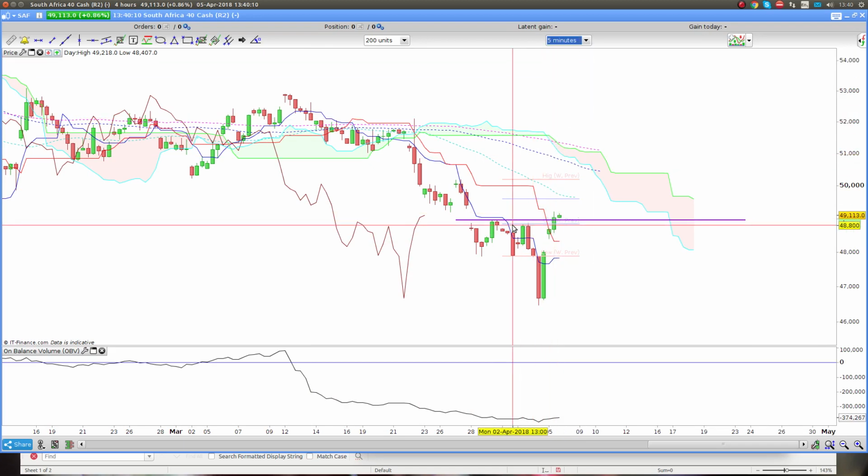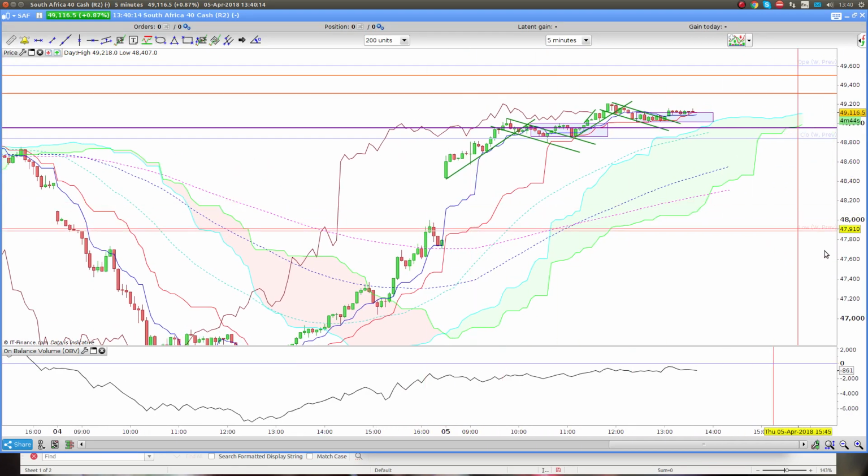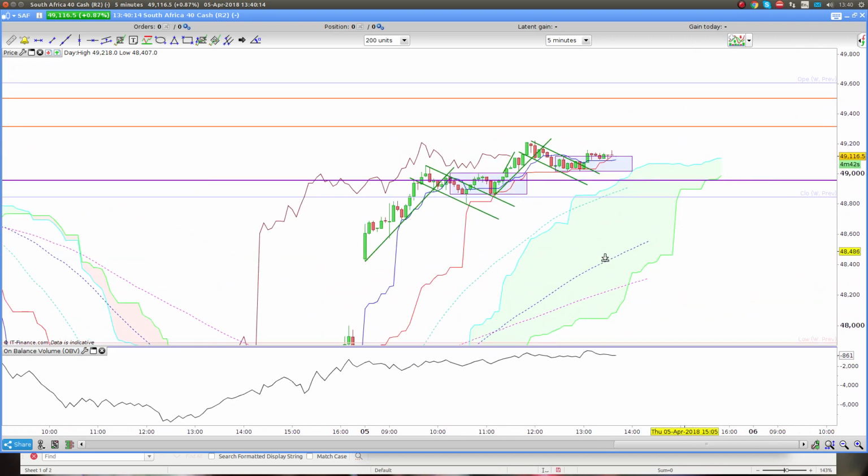You come to the 5 minutes, and we could still have little squirts up, but probably to this area before we pull down. So if you were to go long up here, your stop loss, wherever it is, is probably going to get triggered if it fails. Okay, so stick to one time zone.